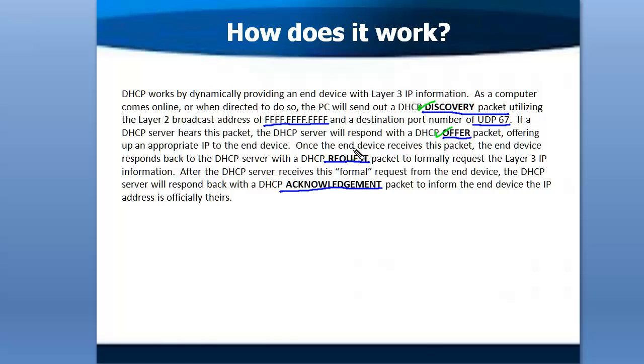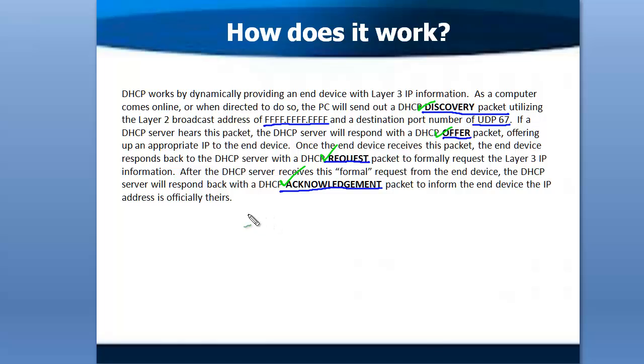That offer, once it's received by the computer, he's going to look at it and say, yep, I like it. And then he's going to send back a request to formally request to have that from the DHCP server itself. Once the DHCP server receives that request, he's going to say, okay, you want it? You got it. And he acknowledges that that IP information is now theirs.